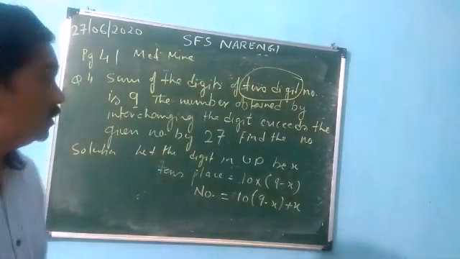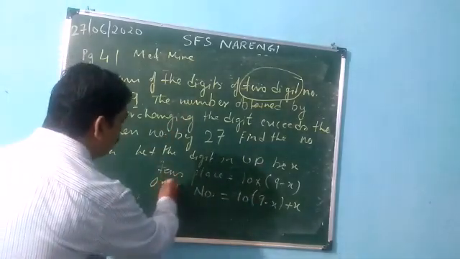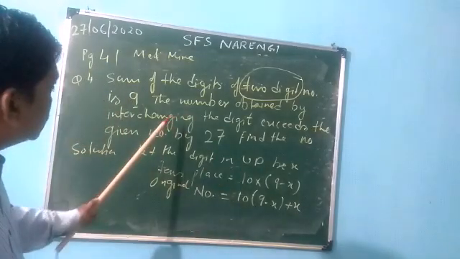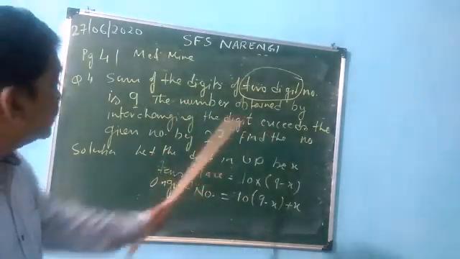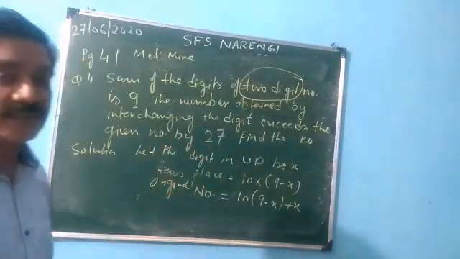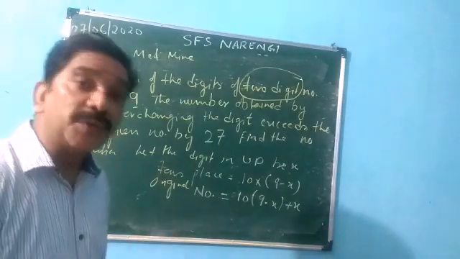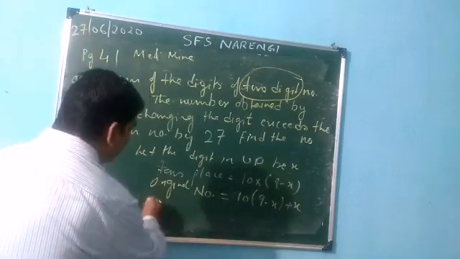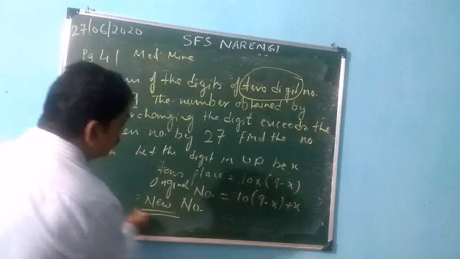Now what happens in the next number? You can say original number or the given number. The number obtained by interchanging the digits exceeds the given number by 27. If the digits are interchanged, that is called the new number.